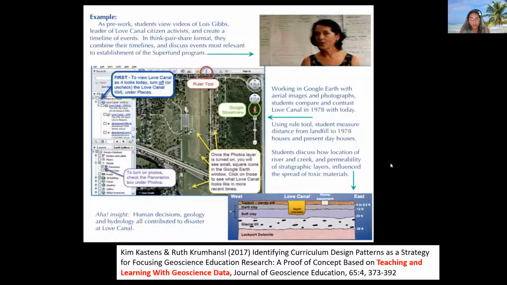For example, here students have learned about pollutant transport, and they get to analyze an example of the Love Canal. They see videos, they look at data, and based on that, they can reinforce their knowledge about distance from the source of pollution and permeability of the substrate in terms of controlling pollutant transport.